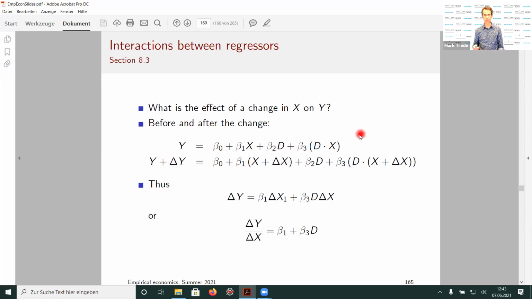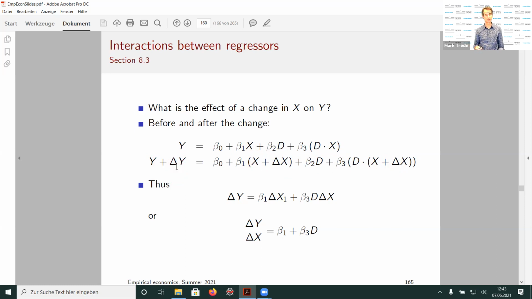So before the change, that's easy. After the change, of course, x changed to x plus delta x, and that has two places where it has an impact. First is here, and of course, the second is here at the end. Okay, and on the left-hand side, that induces a change in y to y plus delta y.